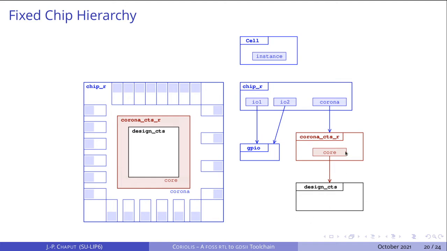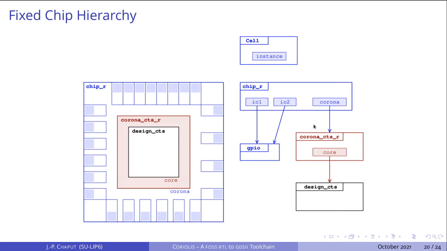Around that core, we wrap the core inside a Corona intermediate level of hierarchy, which is one instance, which is called core, always, and this level is also called Corona. It's an intermediate level in the layout between the I/O pads and the core. It is some kind of adapter. There are technical reasons to do it like that, but I won't explain it here because it's too complex for these lessons.